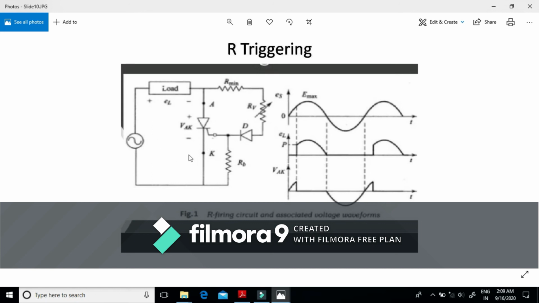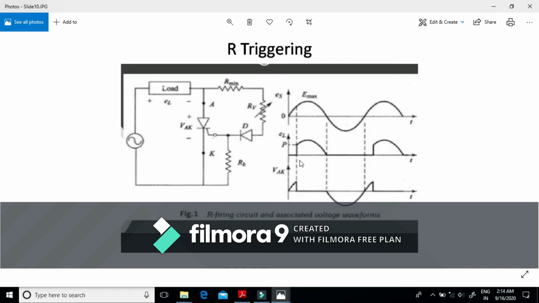If this behaves like an open circuit, the V anode to cathode voltage will be exactly equal to the source voltage. That's why during this negative cycle I am showing that this V anode to cathode voltage, that is the voltage across the SCR from pi to 2 pi, is exactly equal to my source voltage, that is the negative cycle.